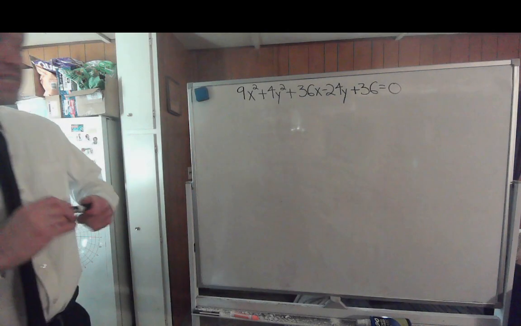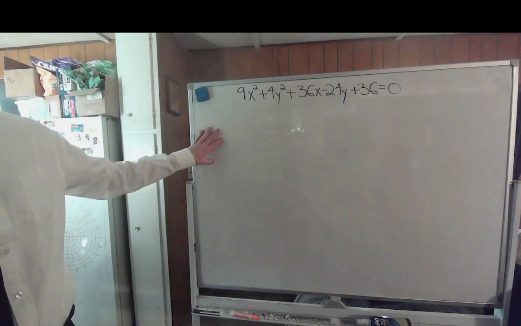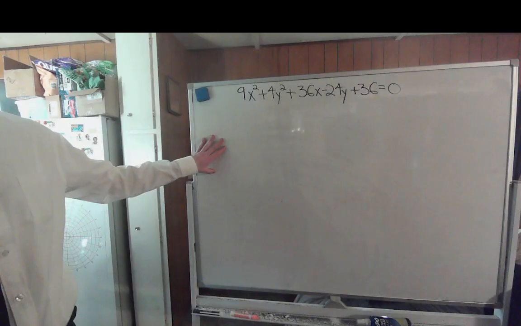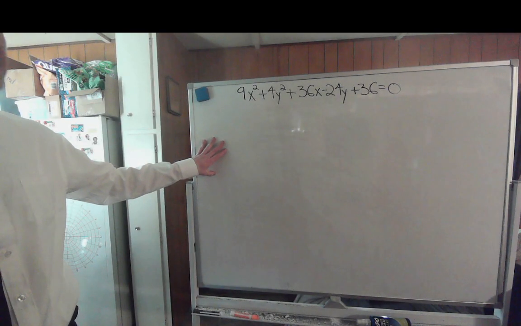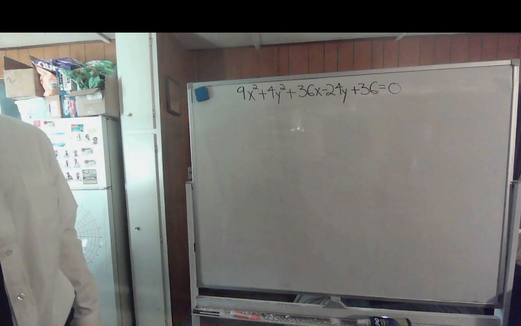Alright, so we definitely got ourselves a quadratic equation here, and this is going to be an ellipse, that's all we're dealing with today, but we got to get this in standard form. We're nowhere near that, are we?